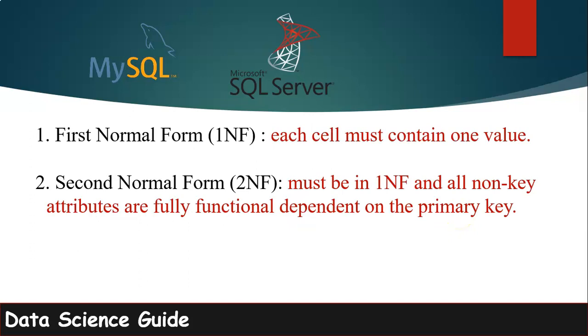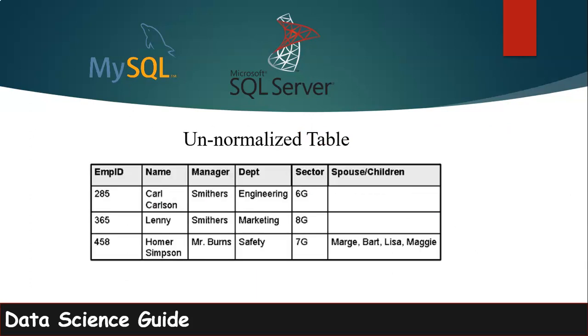The second normal form must be in the first normal form, and all non-key attributes are fully functionally dependent on the primary key. In other words, there should be only one primary key that represents all other fields.